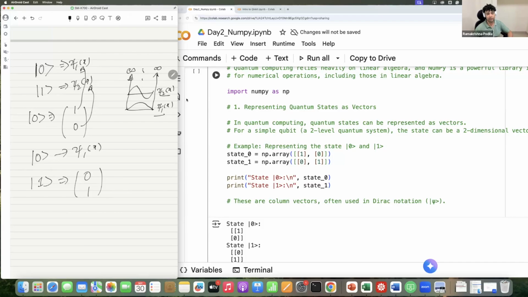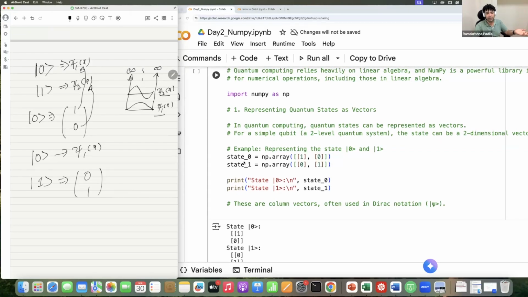They are just components, so you need to think about what basis we are referring to. Here it could be these states in the 1D well, it could be the harmonic oscillator, it could be spin, whatever it is. So the first step is that we use NumPy to make these states.